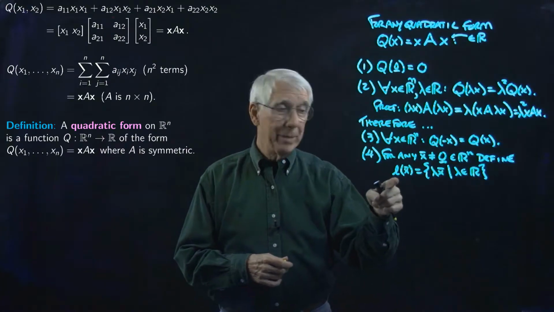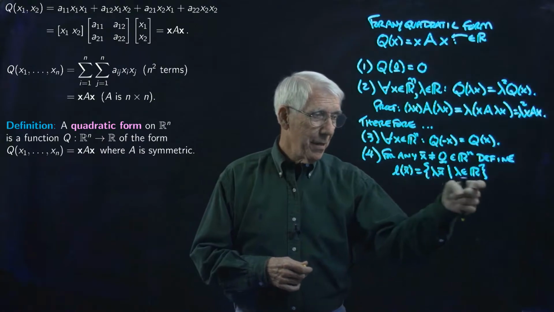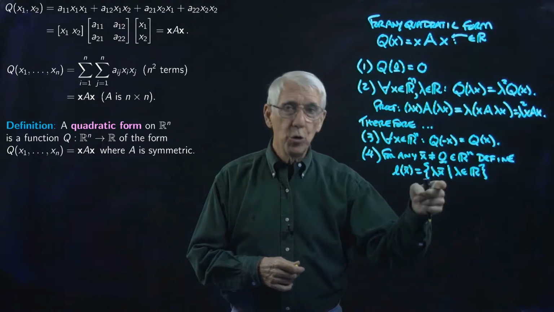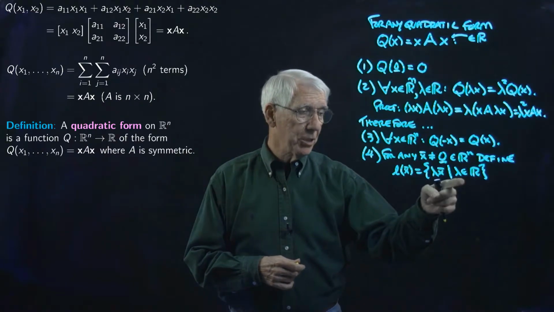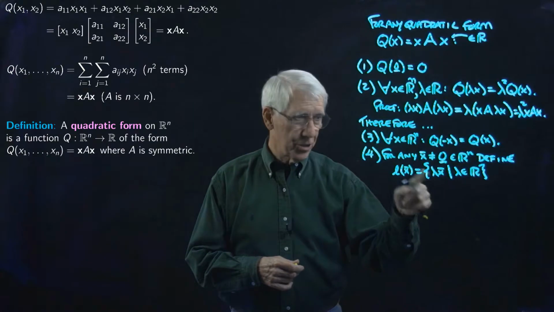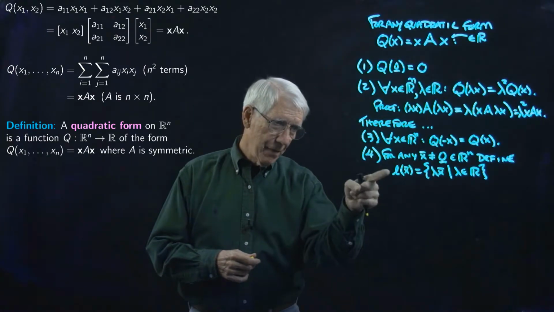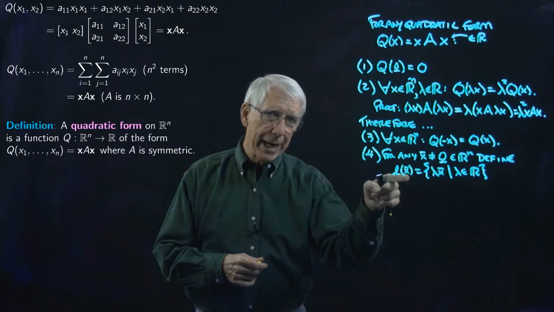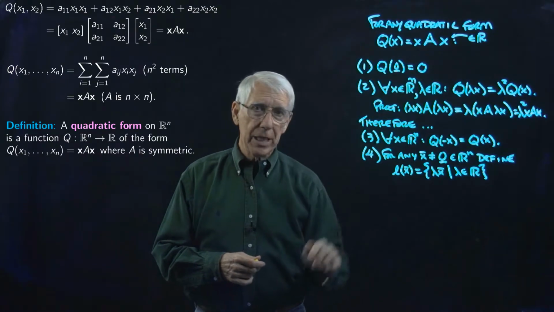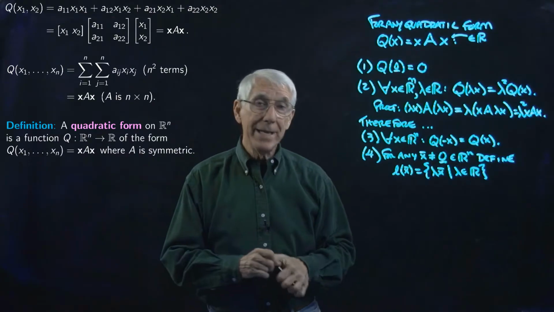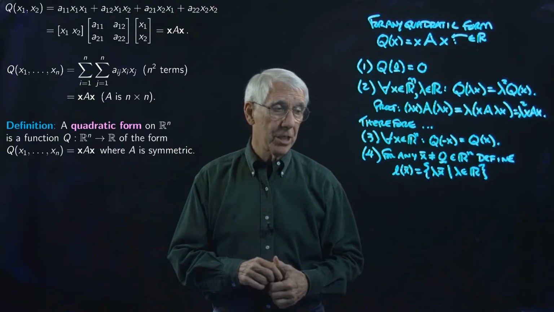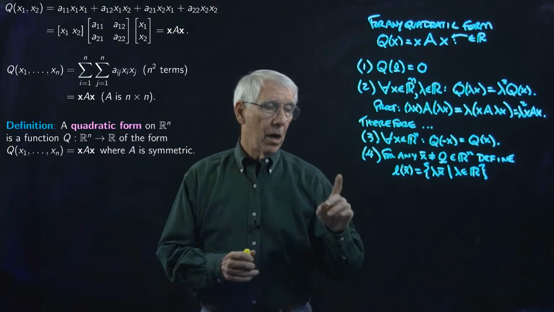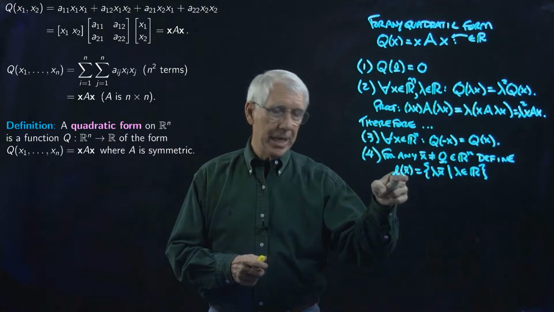I've used L because, of course, this is the line through the origin. When lambda is 0, I get the 0 vector, so the 0 vector is in here. So this is the line through the origin that also goes through x bar, and so it's actually the one-dimensional subspace in Rn that contains x bar.